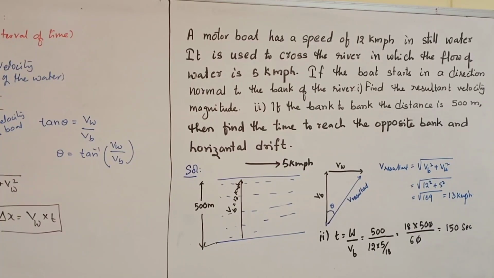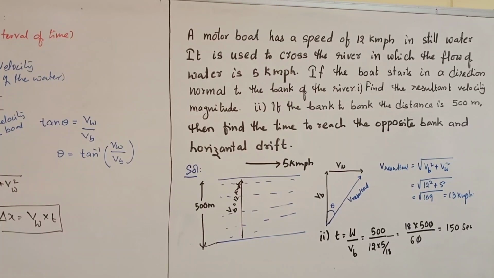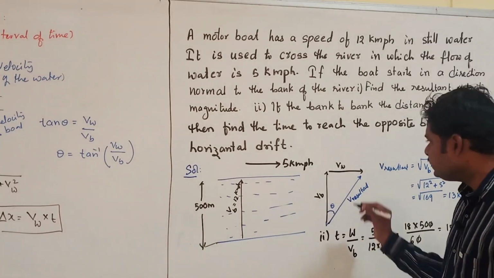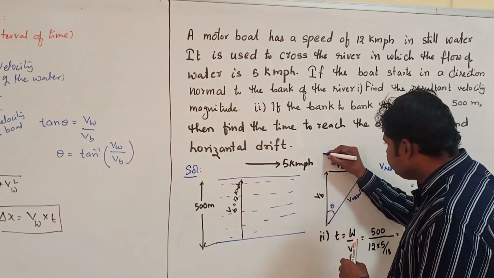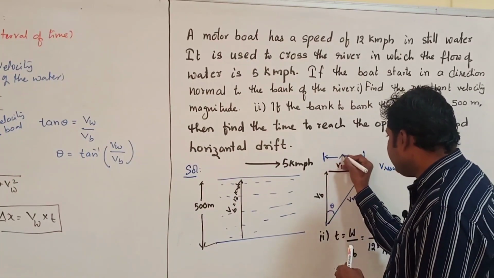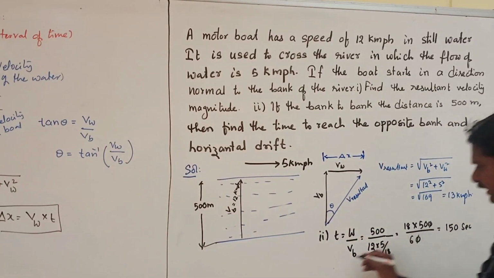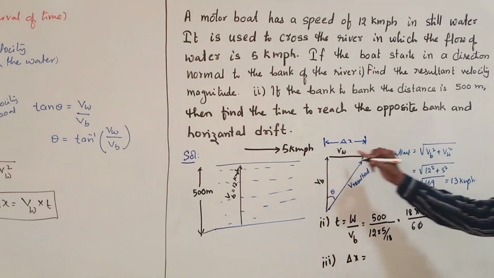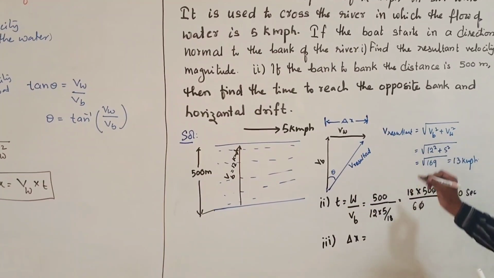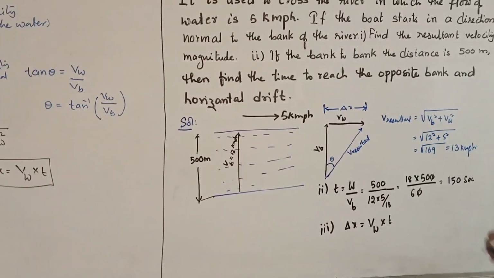more than 2 minutes. Third one, what is the horizontal drift? This drift is called the horizontal drift, delta x. So delta x can be calculated as the velocity of the water in the river in this direction into the corresponding time.